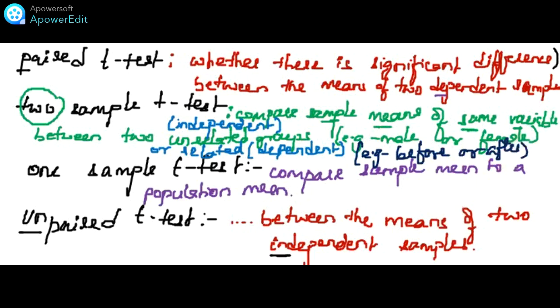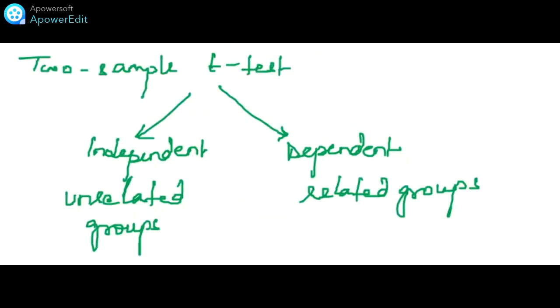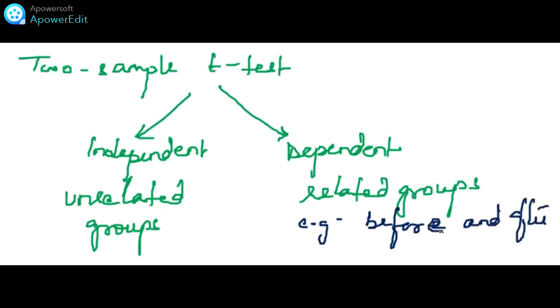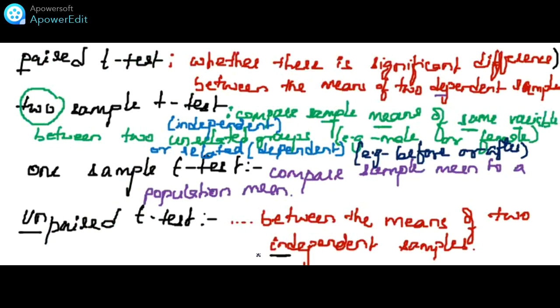So for the dependent one, related groups mean before and after, and in case of unrelated groups, say for example male and female. Before and after are related. And one sample t-test is what? It compares the sample mean to a population mean. So you have to understand all these.